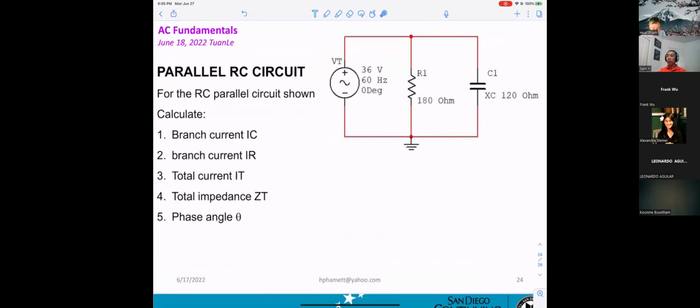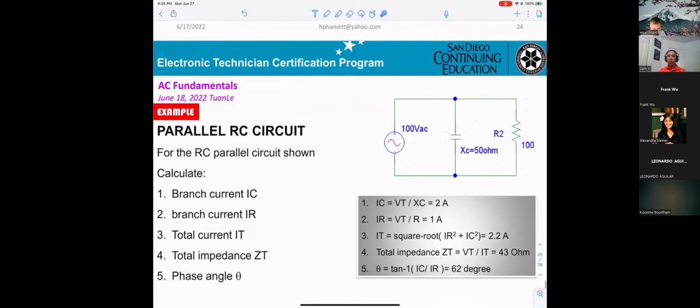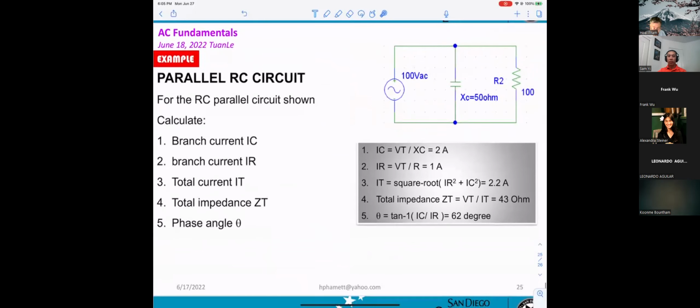I don't know if we did this calculation last time or not. However, I already gave you the answer here. You can go through it to make sure you get the same answer.